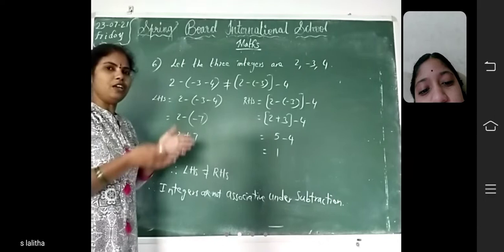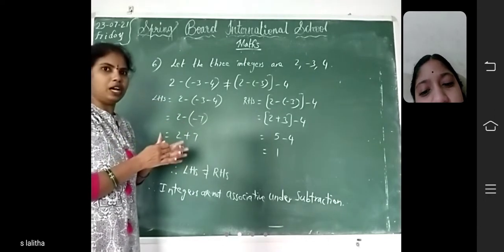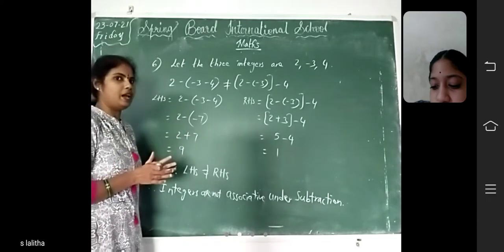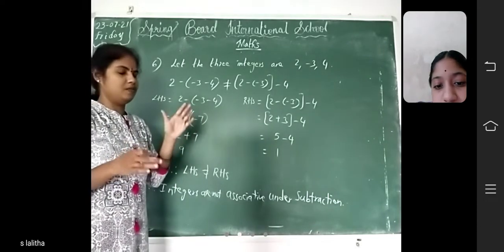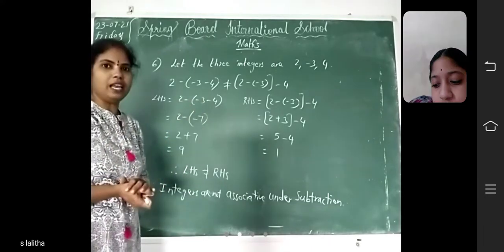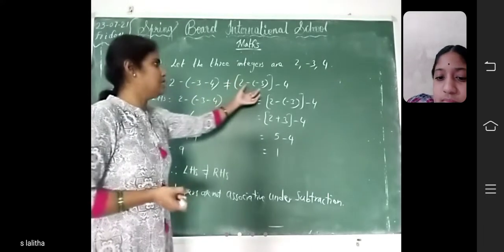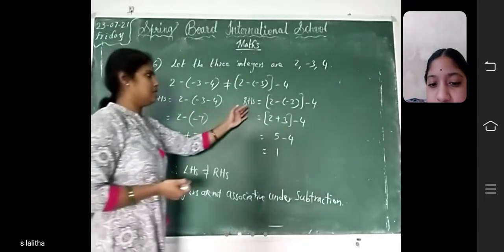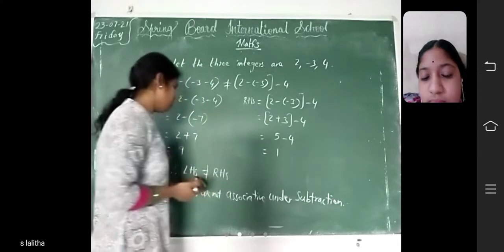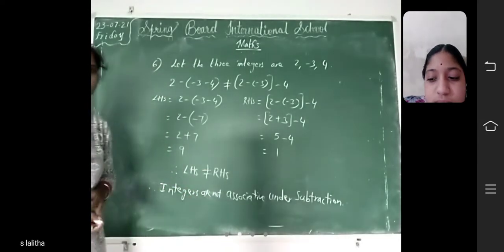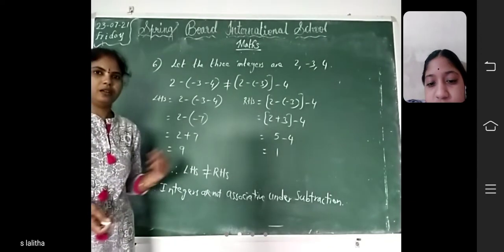You can take any 1, 2 integers, first do subtraction, then subtract the third integer. Or first subtract the second and third integers, then subtract the first one. So this is LHS, this is RHS. First I solve the left hand side and next the right hand side. Both are not equal. So integers are not associative under subtraction.